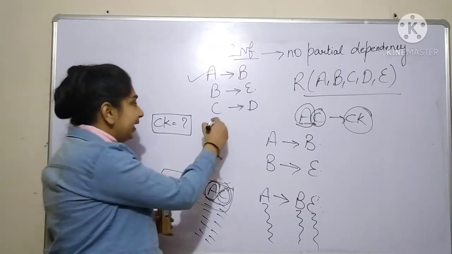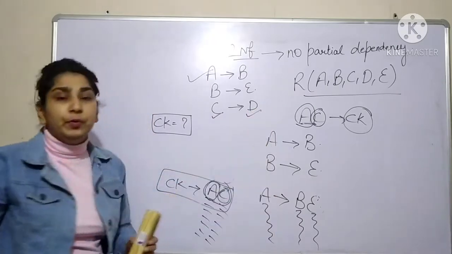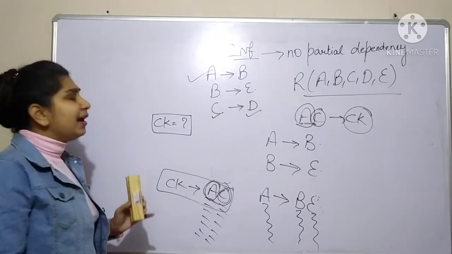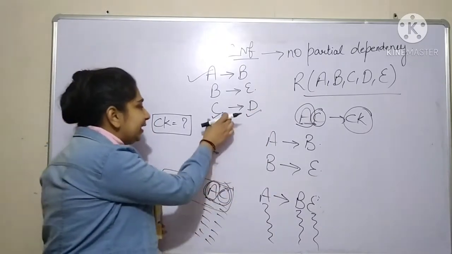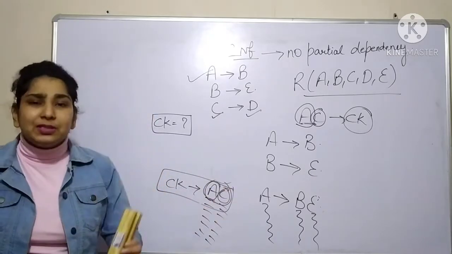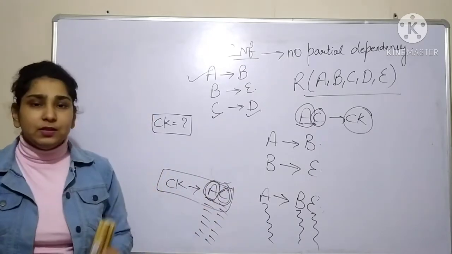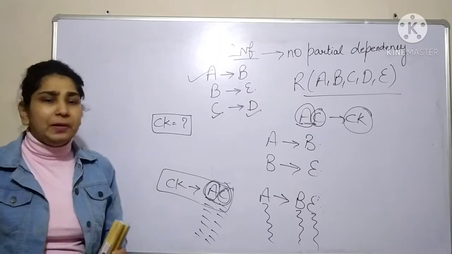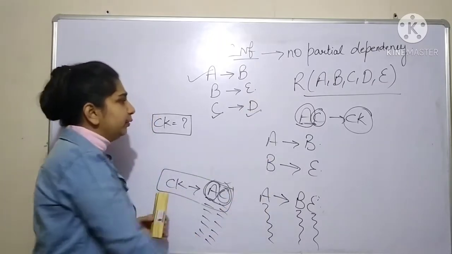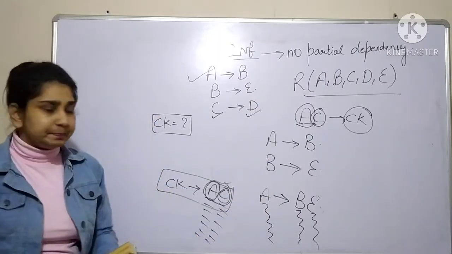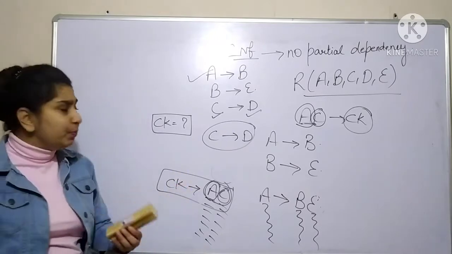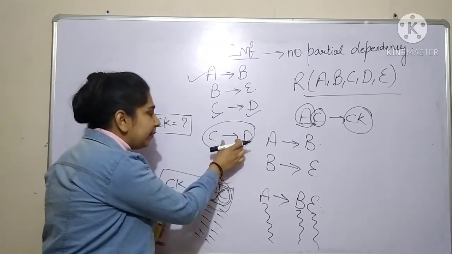So C is determining attribute D. Wherever you find the duplicated values in attribute C, the same positions you would find the duplicated values in attribute D. We also have to make a separate table for this.